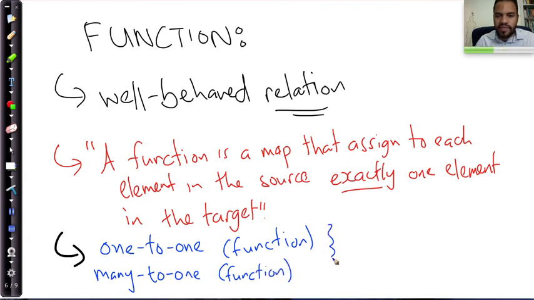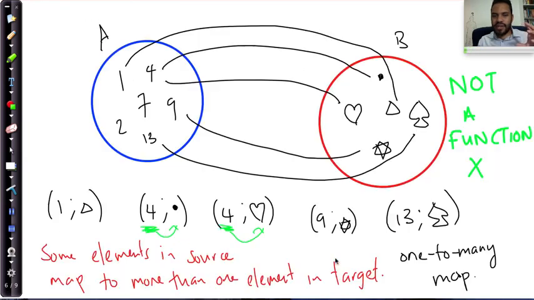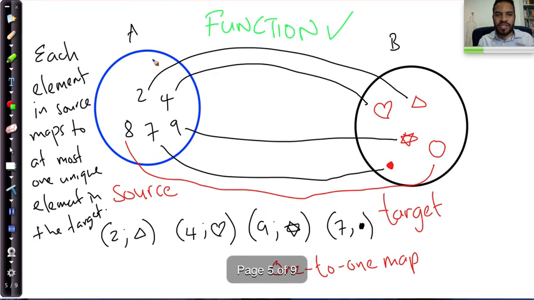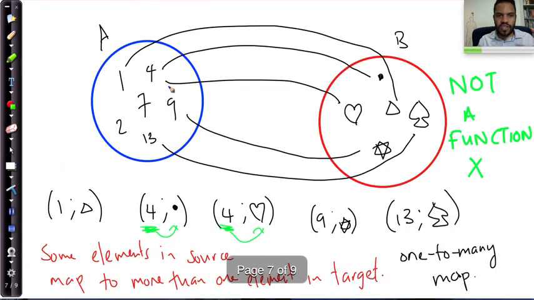But if I've got the reverse, one to one is still a function. But if I take many to one and turn things around, like we've got one thing in the source, like you've seen over here, one thing in the source going to multiple things in the target. This one over here, the 4, is going to both dot and it's also going to heart. That is certainly not a function.